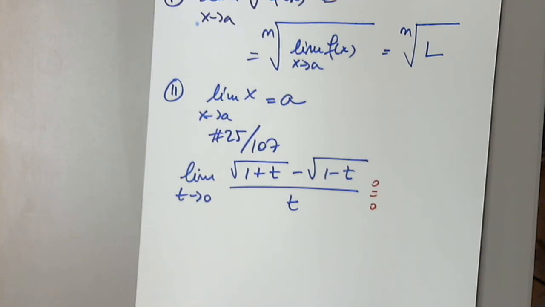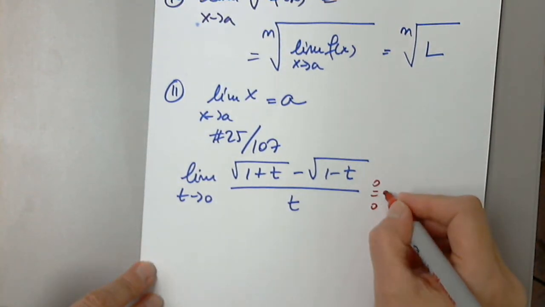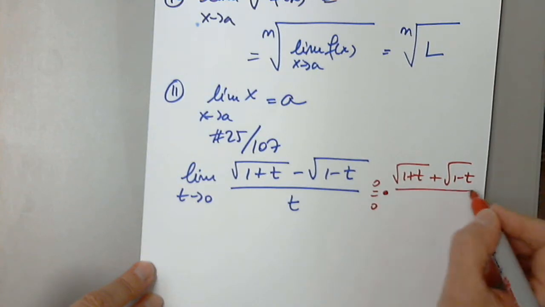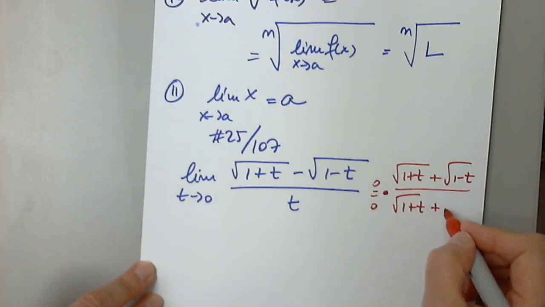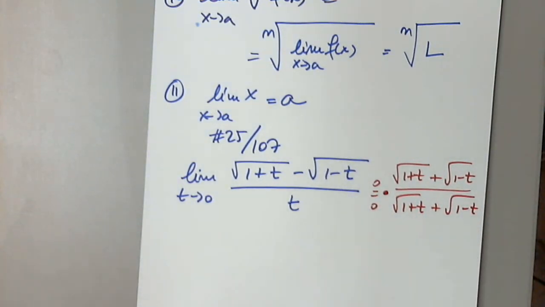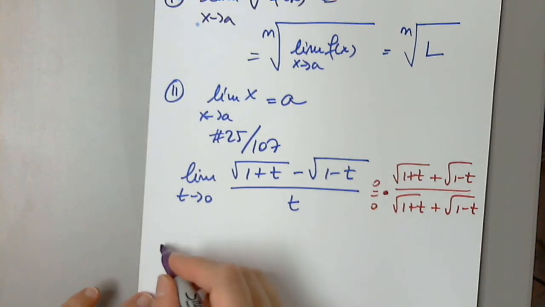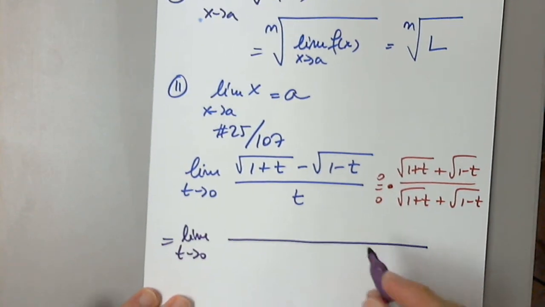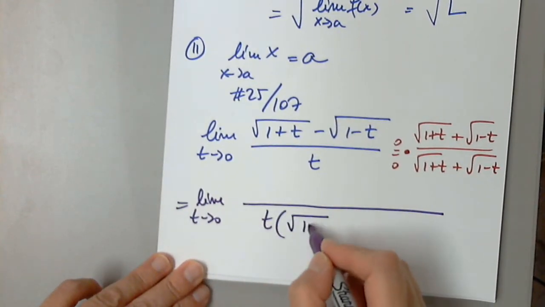So what do we do with this? Absolutely. We multiply by the square root of 1 plus t plus the square root of 1 minus t, over the square root of 1 plus t plus the square root of 1 minus t. So then this is the limit as t approaches 0. I will copy the denominator, which is easy.